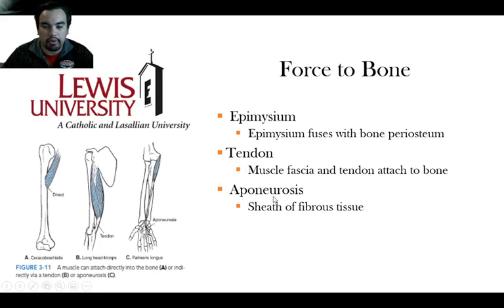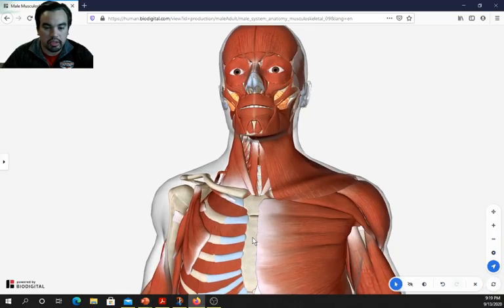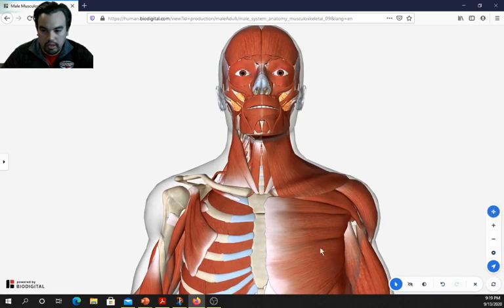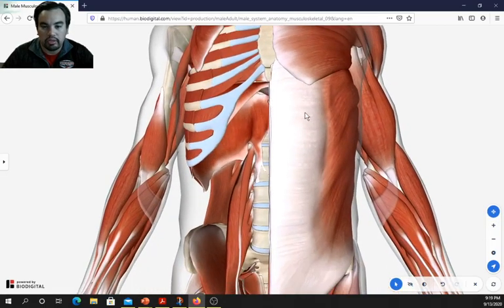And then we have an aponeurosis, which is a sheath of fibrous tissue. So I don't like the picture in this one, so we can look down here. So like this white piece here, this would be like an aponeurosis. And you see how the tissue just kind of, it's flat tissue here in these oblique muscles.